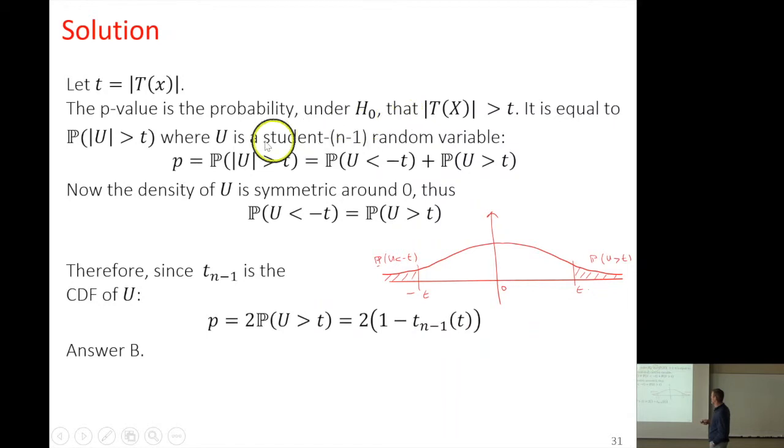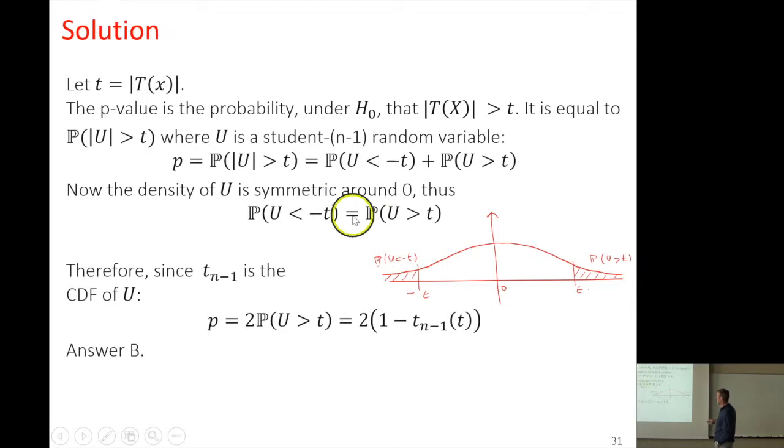Right? So this is saying that's the probability that t of x has a student distribution. So it's the probability that absolute value of t is larger than t. Now we get rid of the absolute value by observing that the student is a symmetric distribution. This is hand-drawn, it's not very symmetric, but it's meant to be symmetric. So the probability that the absolute value is larger than some threshold is the sum of the probability of being larger than the threshold or smaller than minus this threshold.